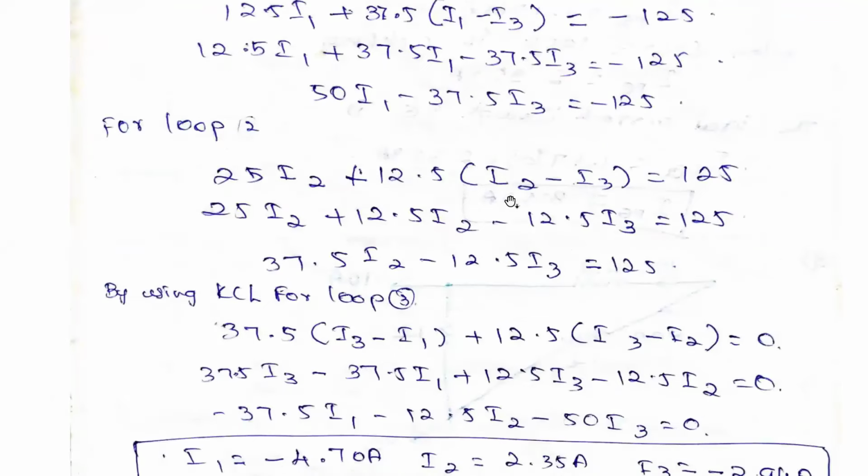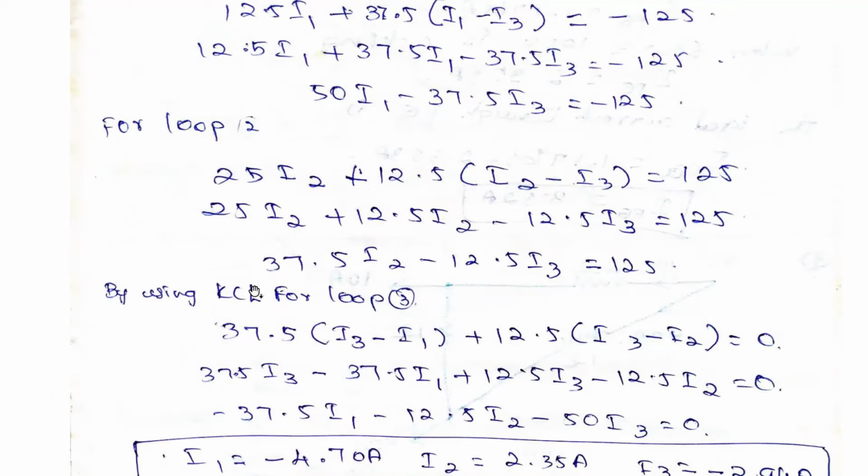Taking minus 125 to this side, it is plus 125. So 25 I2 plus 12.5 into I2 minus I3 is equal to 125. Simplifying, you get the equation as 37.5 I2 minus 12.5 I3 is equal to 125. Take this as equation number 2.